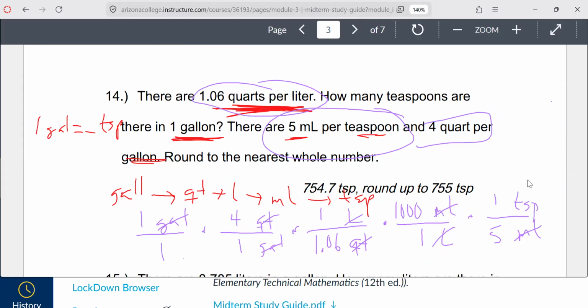At the bottom, you have 1 times 1 times 1.06 times 1 times 5. You multiply that too. And then you're going to have 4,000 on top divided by 5 times 1.06. That gives you 5.3. And this should give you the 755. And that's it for dimensional analysis.